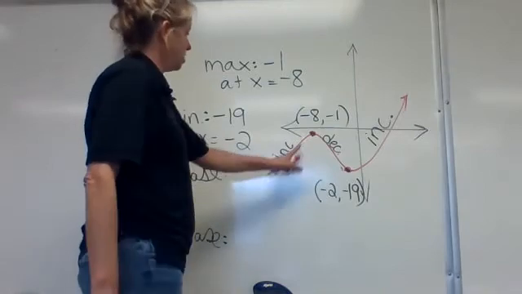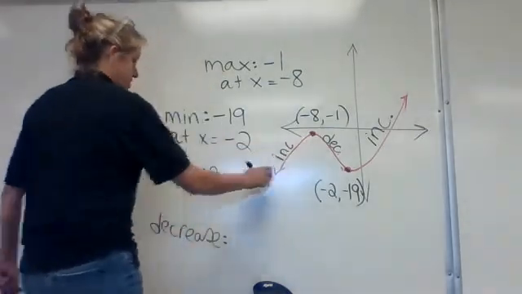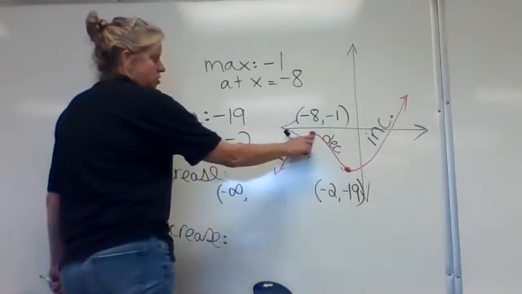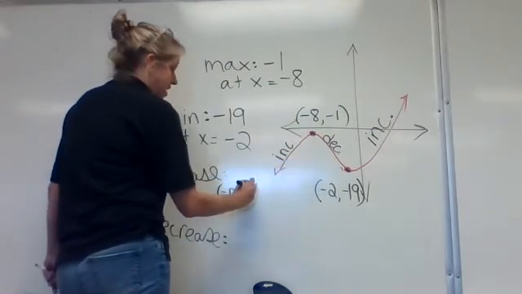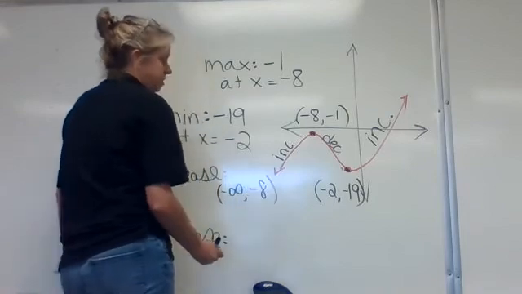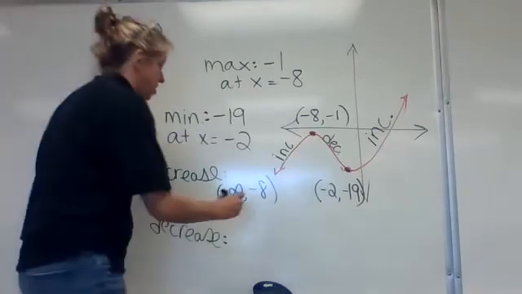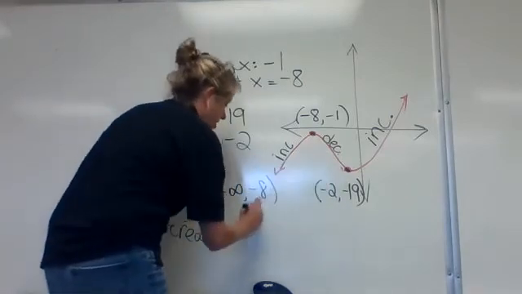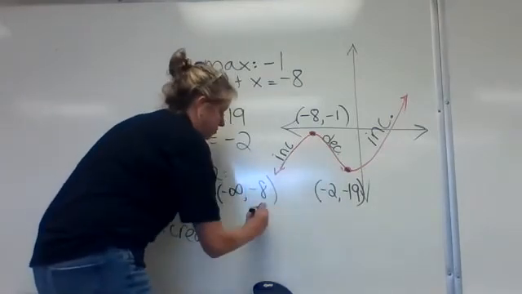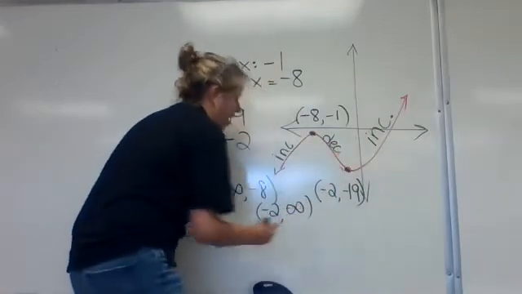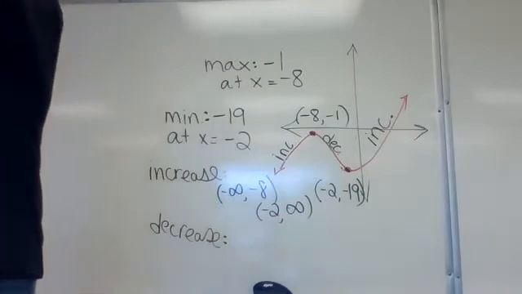So where does this one start its increase? Down here at -infinity until it gets to -8. Then it goes down, and then it starts another increase. So, and where's the other one? It starts at -2 and goes forever to the right, so to positive infinity.